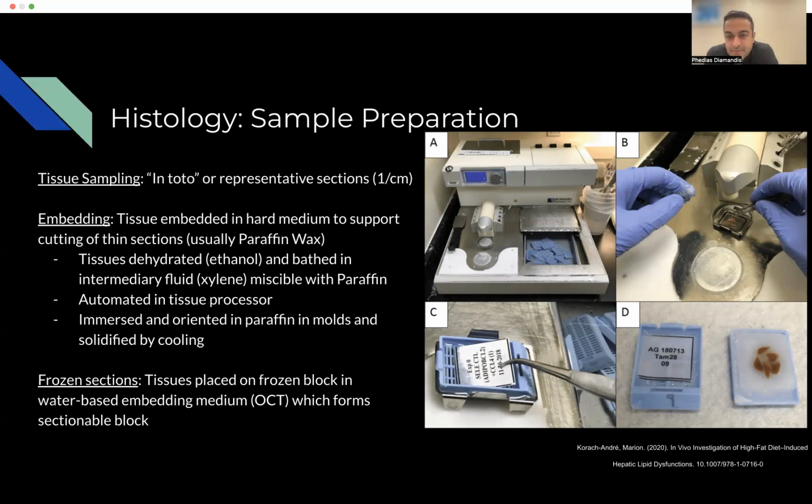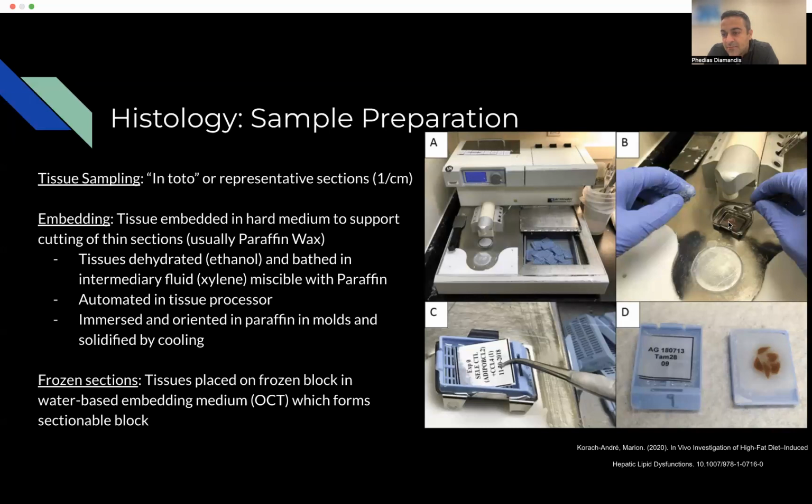So this is what the machine looks like to embed samples. You have your tissue that's been sampled and put into these cassettes. These are labeled. The tissue is removed from each cassette and put into these metal molds that are cold.